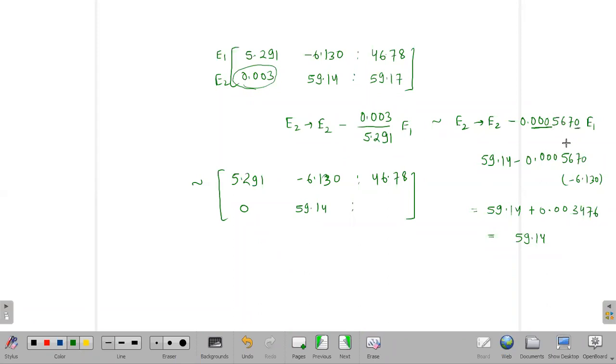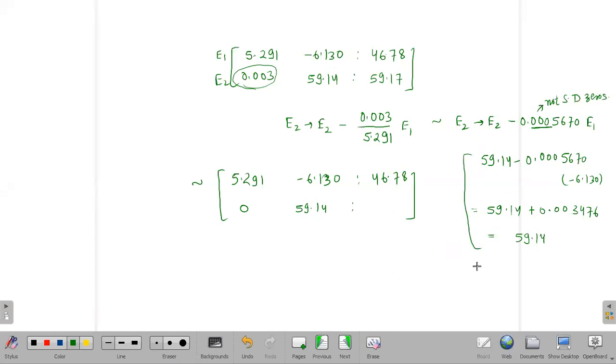This 0 is significant, so we will count this 0 also. So that will give you 59.14.